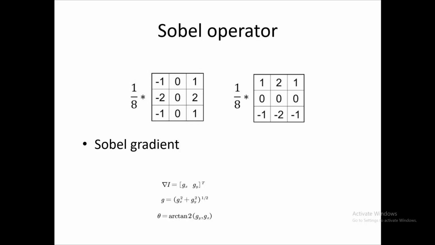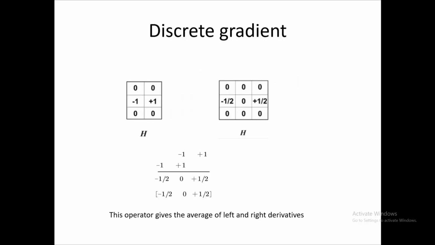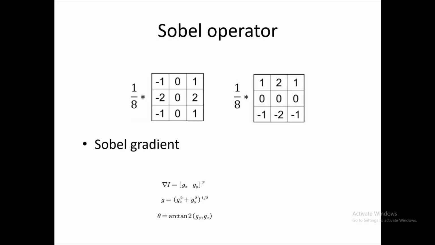In our previous example we took only the pixel on my left and the pixel on my right. But in case of Sobel, instead of considering only the left and right, we compute the derivative at the pixels so that I look not only at the left or right, but also above me and below.